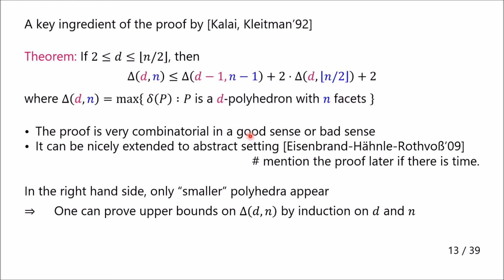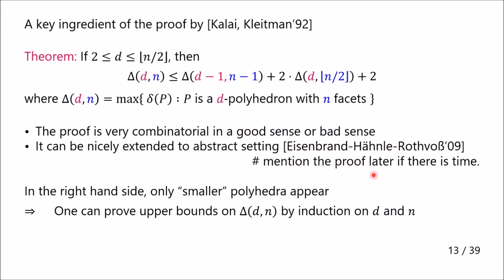The proof is very combinatorial and uses a little complexity and a little geometry, in a good sense or a bad sense. Indeed, the same inequality, strictly speaking a slightly refined one, as well as the upper bound, was shown to continue to hold for a more general setting known as abstraction, as shown in this paper.